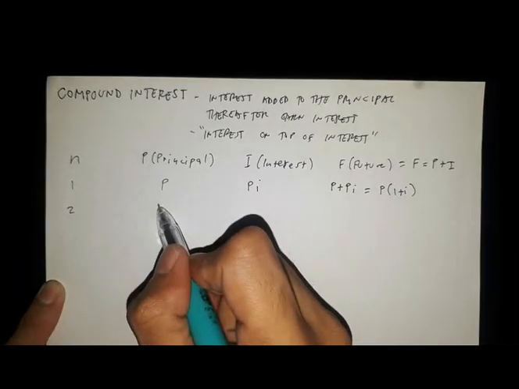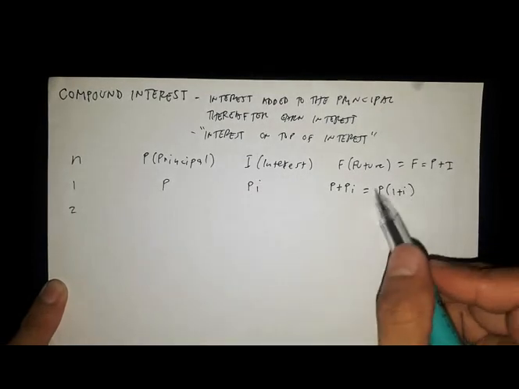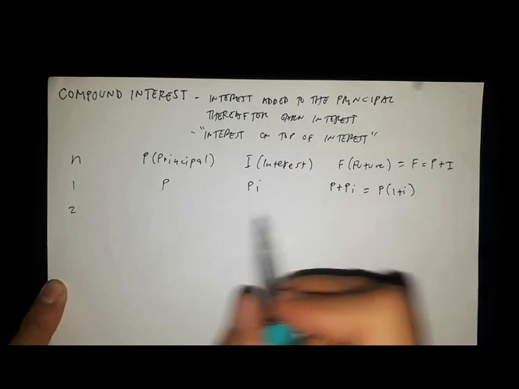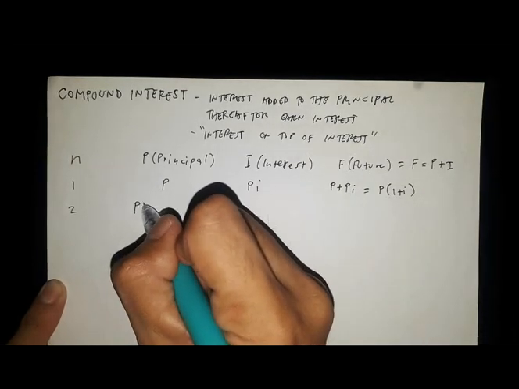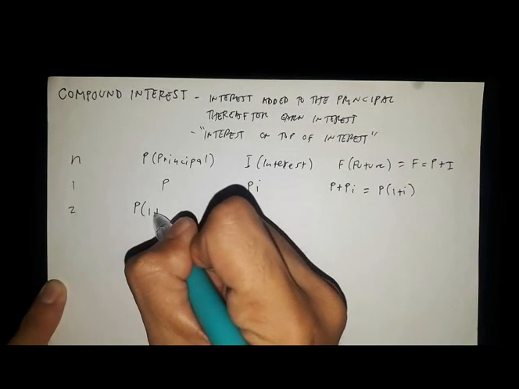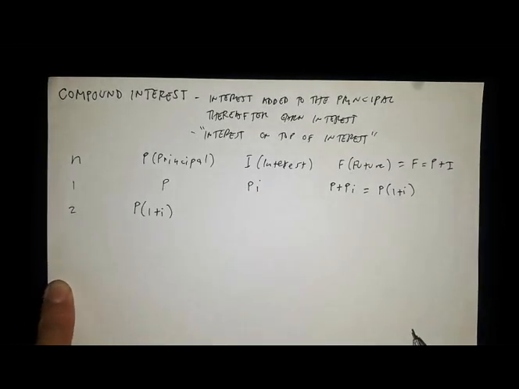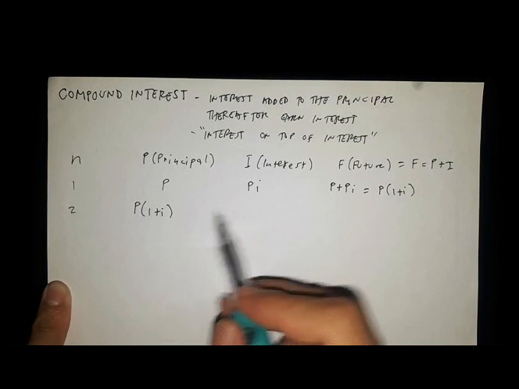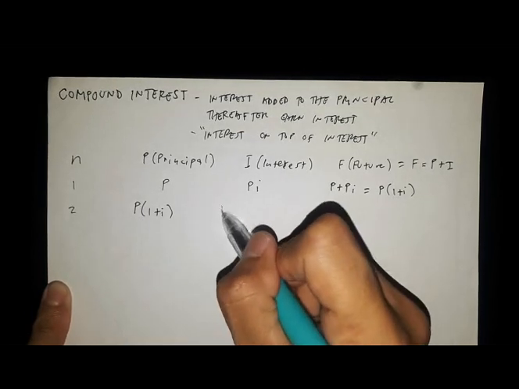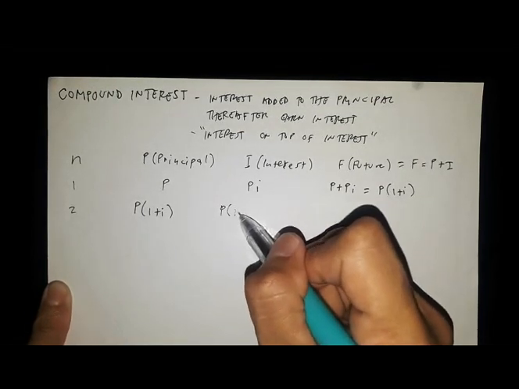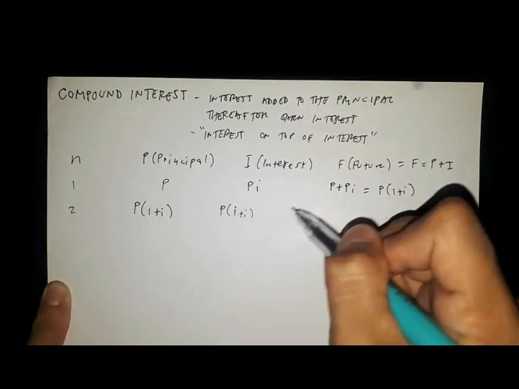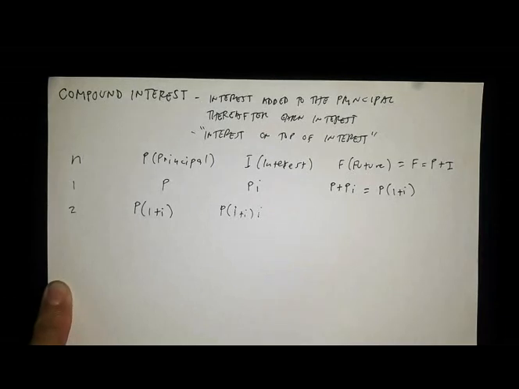Now for the second period, you will use the future amount of the first period as your present amount here. So the principal is P times 1 plus I. And the interest is given by your principal for the second period, P times 1 plus I, multiplied by the interest rate.